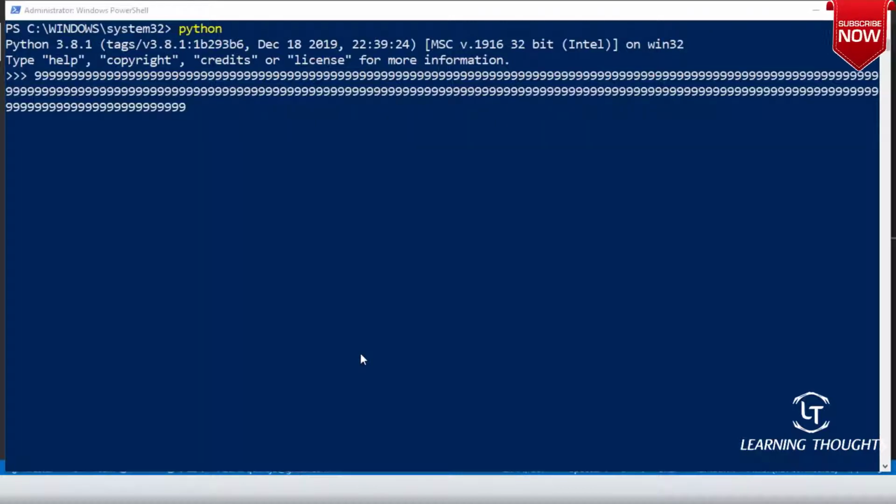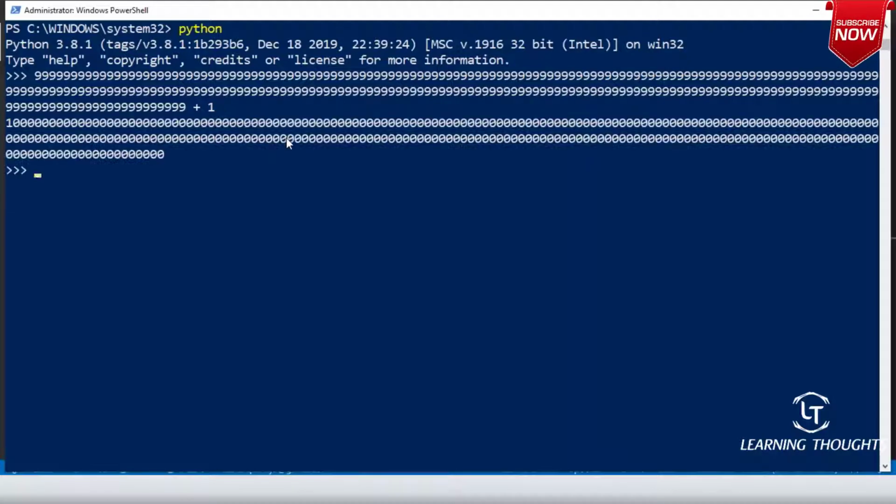Is that a number first of all? Yeah, right. Now let me do plus 1. Is it working? Right. So generally, this is what Python claims. I give you unlimited integer precision. Go ahead and add as much length as you want.